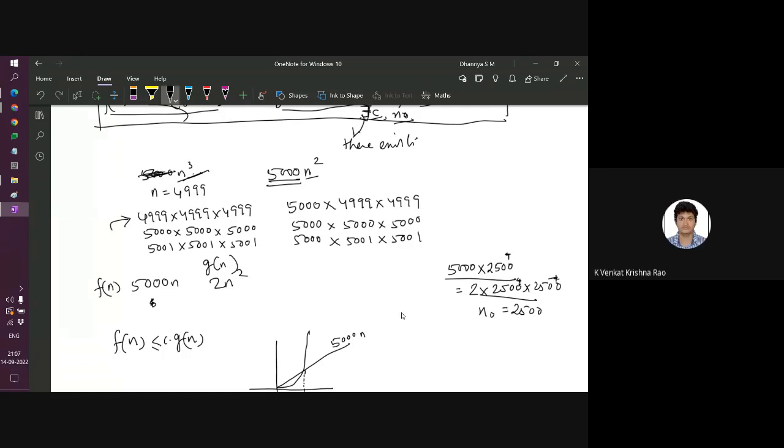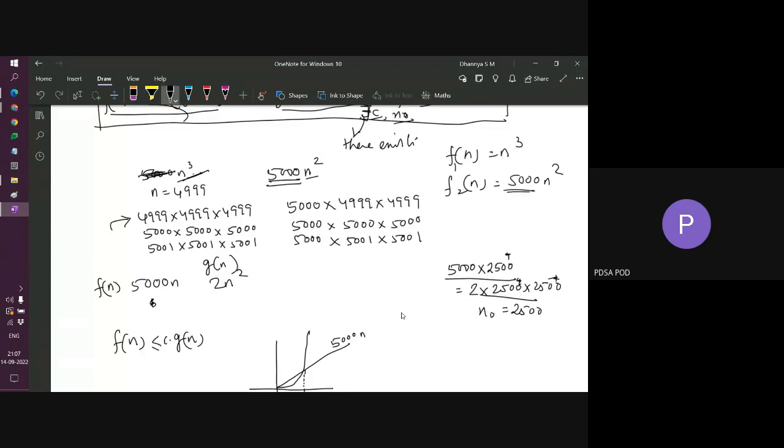Sorry, madam, so C is 5000 here? See, C here is actually 1 because n cube is greater. Suppose f1 of n equal to n cube, f2 of n equal to 5000 n squared.